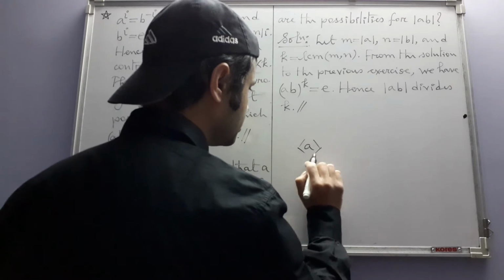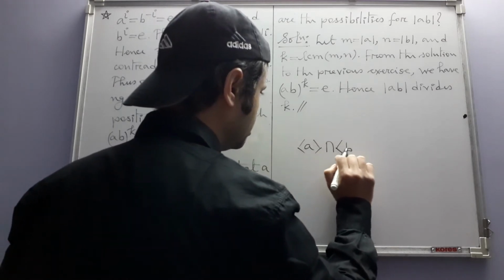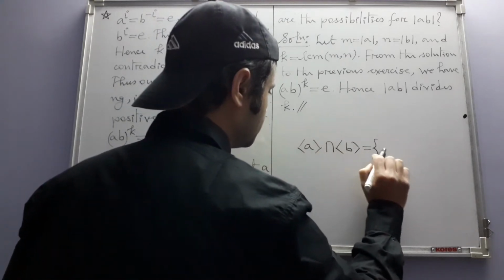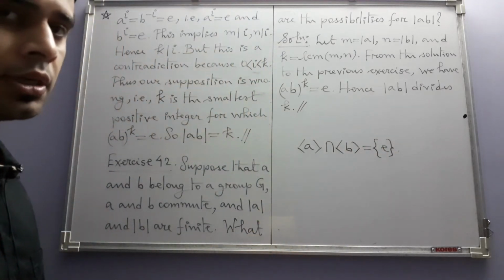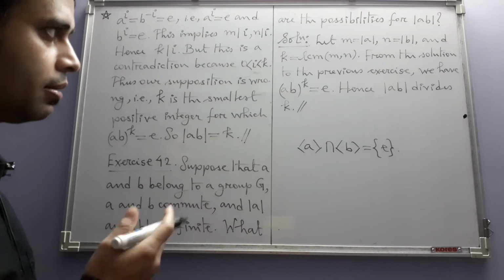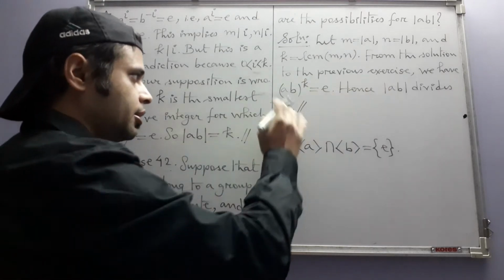This is not necessarily true now here. So we cannot say that the order is exactly equal to K. We can at most say that the order divides K.